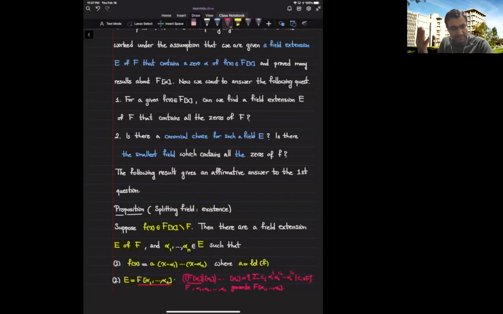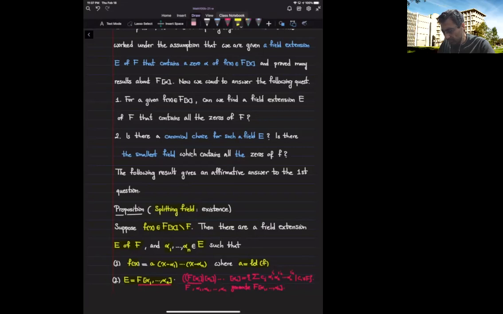And this field extension E is generated by F and these zeros, alpha i's. So that is what we want to show. And here we are only concerned about the existence of such a field extension, and such a field extension we call a splitting field of this polynomial.